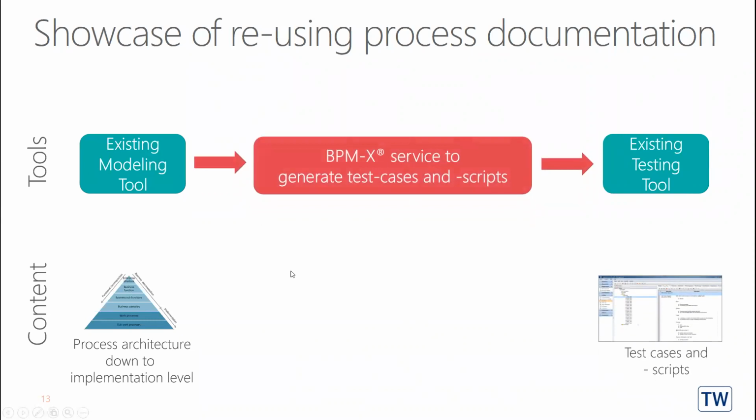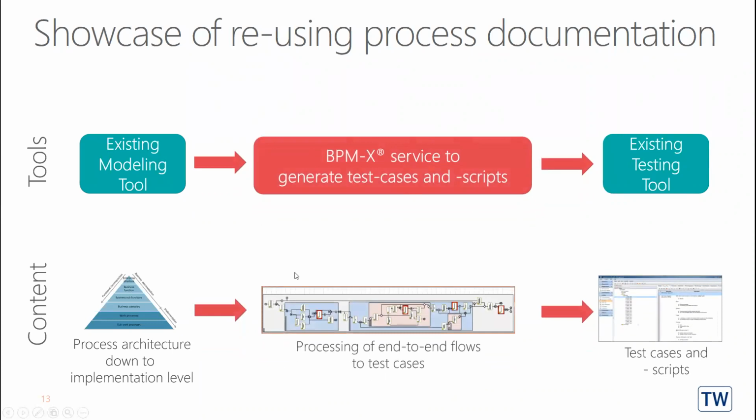And the BPM-X software is a service to link the tools and to generate the test cases and scripts by processing end-to-end flows internally to derive the test cases. Volker, I'd like to hand over to you to show how that works in real life.